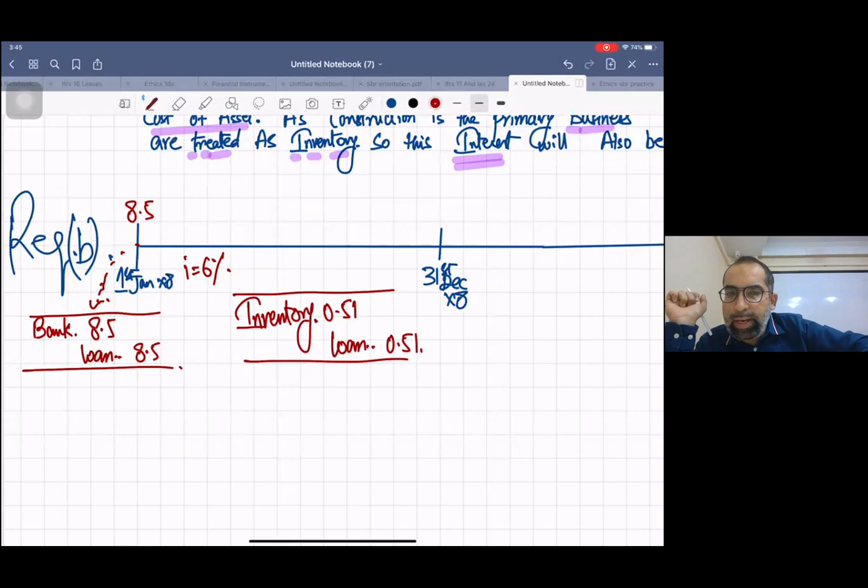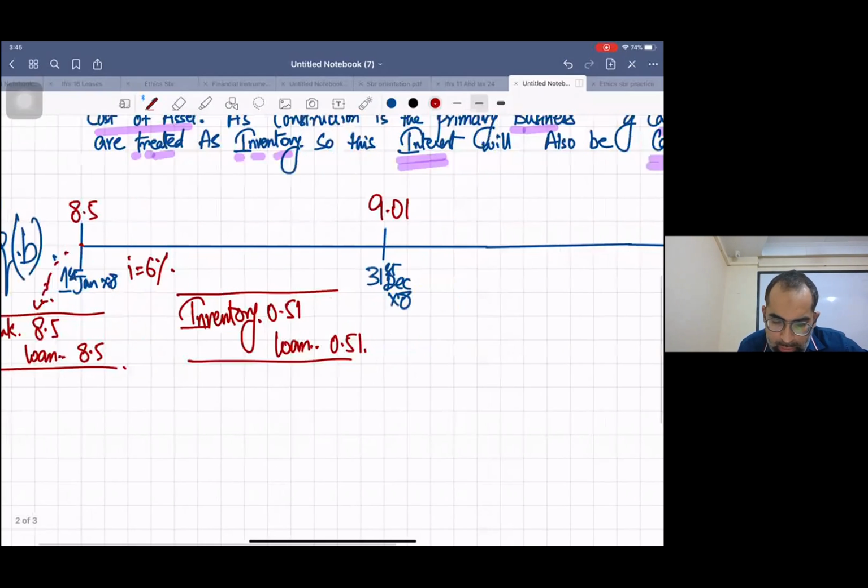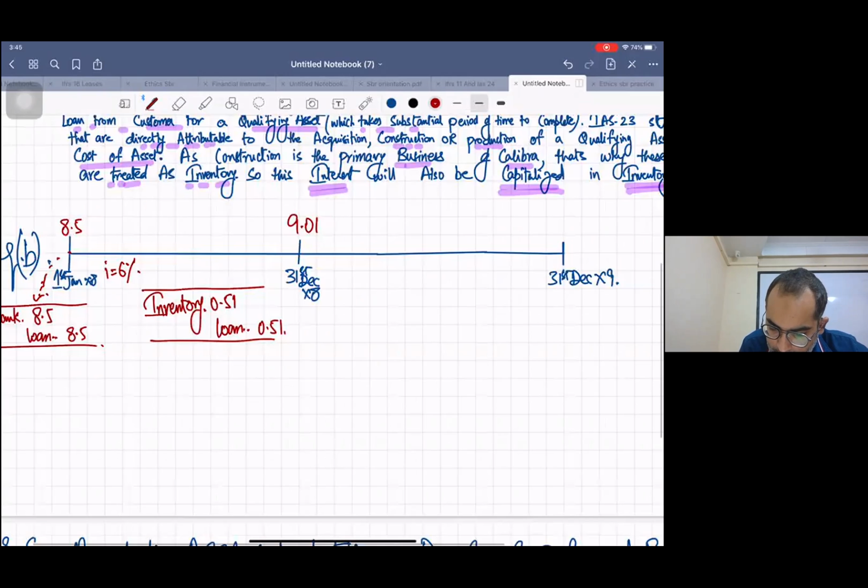Now can you add these? 8.5 was the beginning loan and 0.51, so it's 9.01. Now what's the interest rate again? 9.01 times 6% is 0.54.